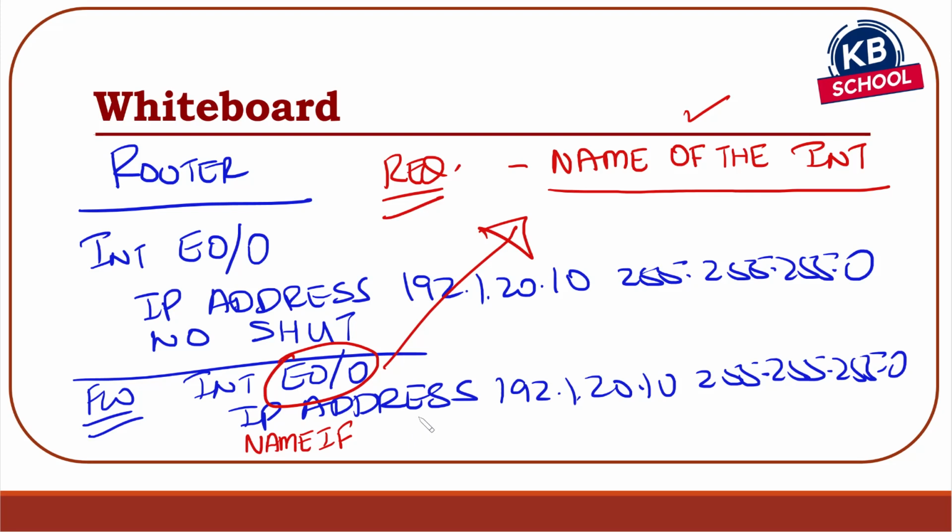Let's say this is the outside interface or the external interface. You give it a name. So now if you want to apply an ACL, you're not going to apply an ACL to E0/0, you're going to apply it to the interface called external, which points to E0/0. So the name is a required component because all the other commands will point to the name, not to the physical interface identity.